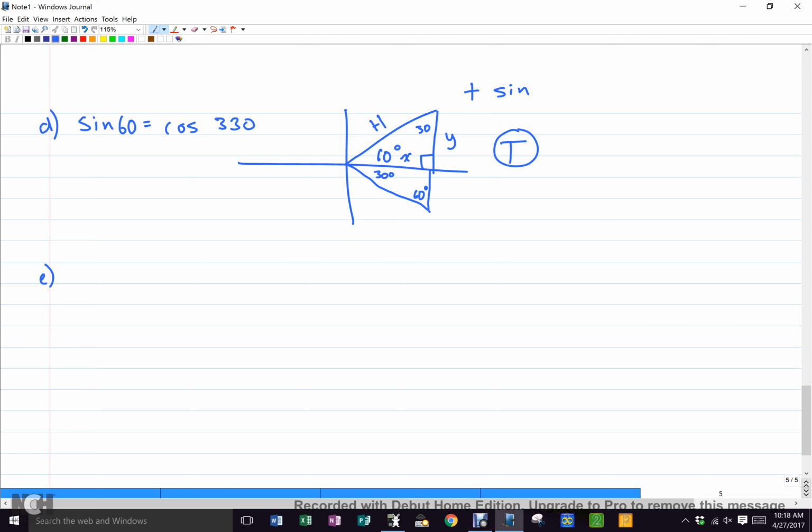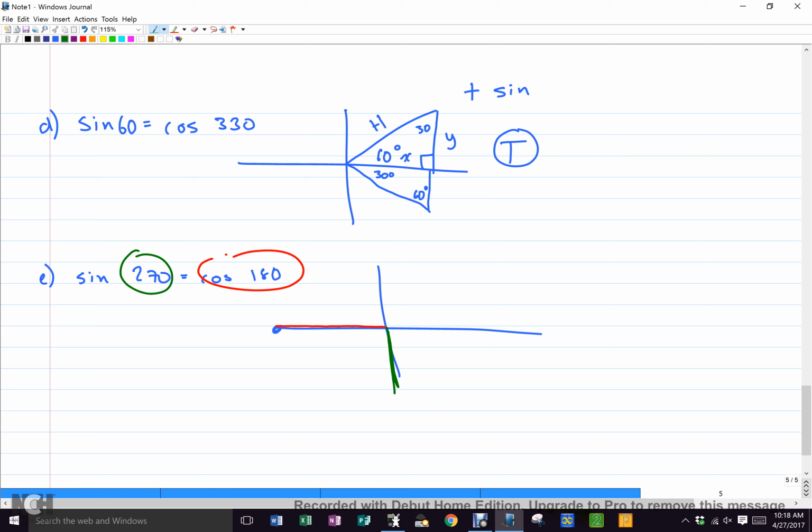And then E is 270 and 180. Sine 270 and cos 180. Sine 270 equals cos 180. So I go over here. Cos 180 comes right out here, right? I'll do it in red. Cos 180 is right there, yeah? And sine 270, I'll do that in green, is right down there, right?